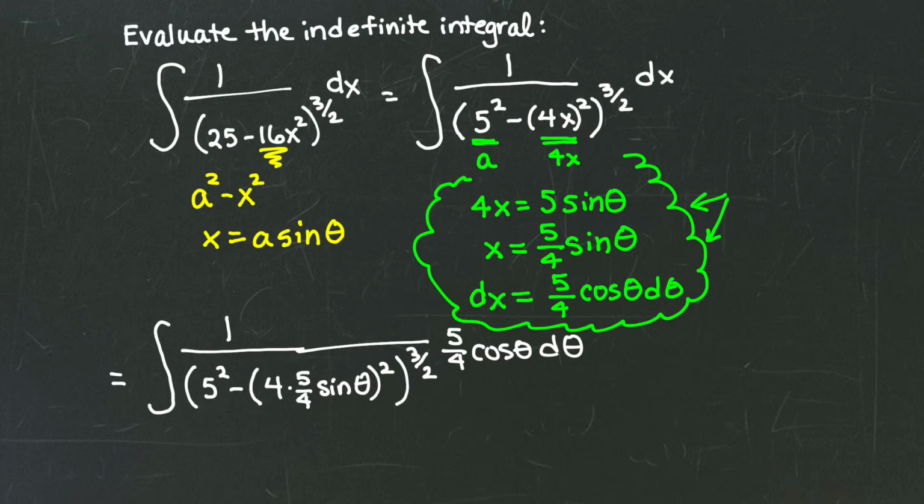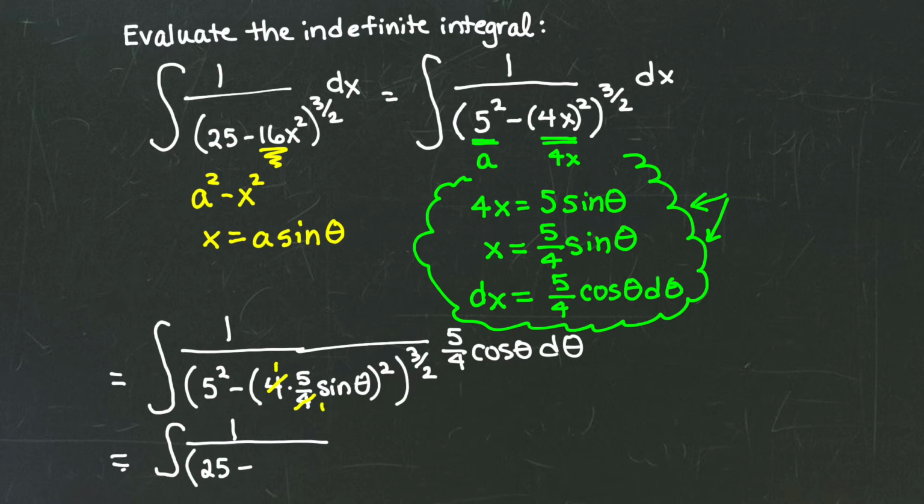All right, let me come down one more line and let's see what we've got. We've got 1 over 5 squared, or 25, minus, and notice, because of the way we chose our x value, those 4's cancel. That's kind of cool.